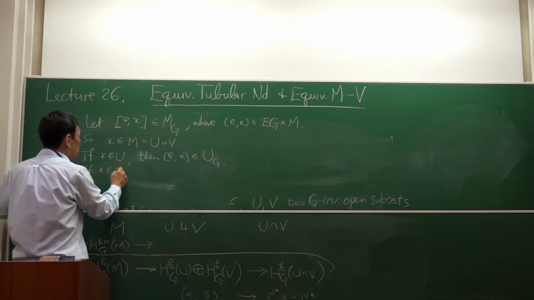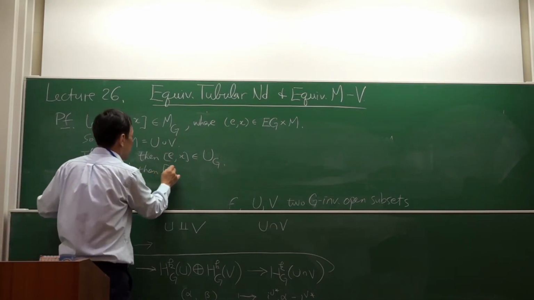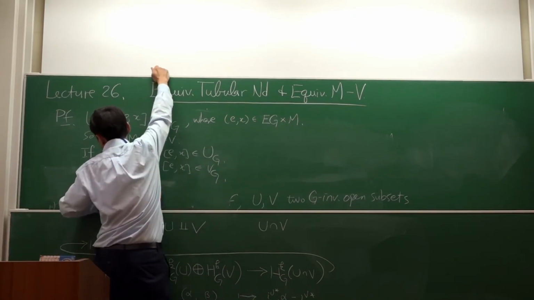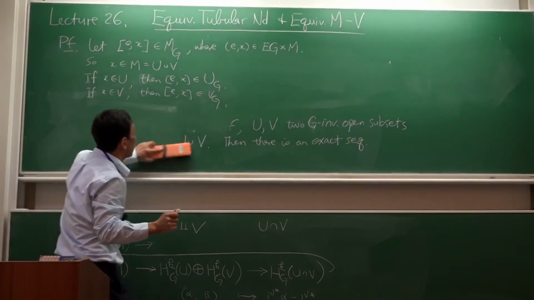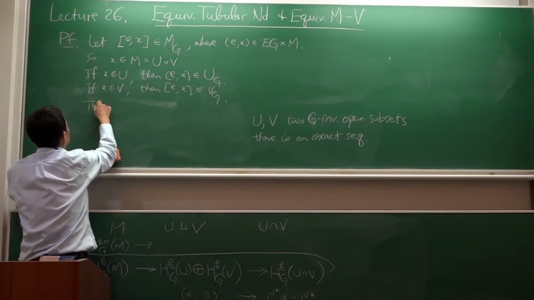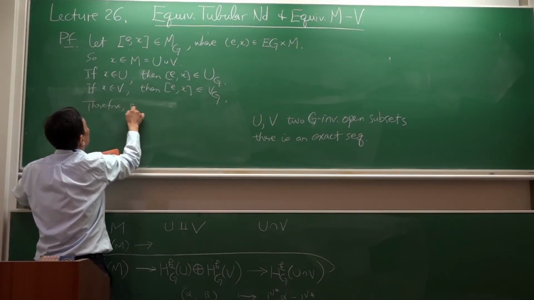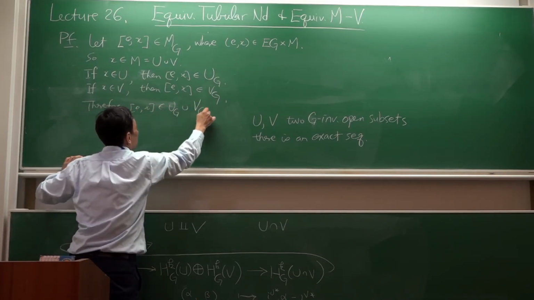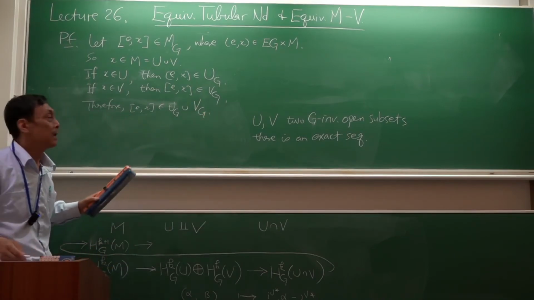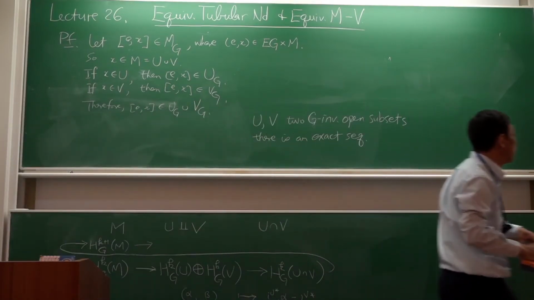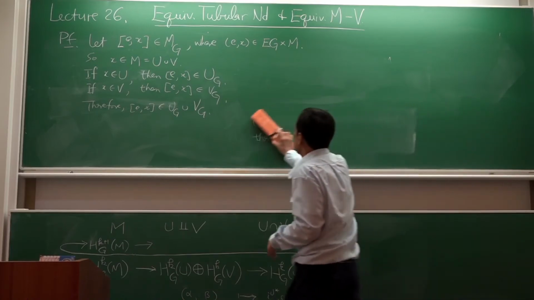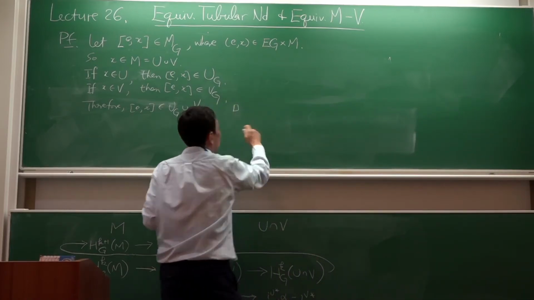If x is in V, then [e,x] is in V_G. And so therefore, [e,x] is in U_G union V_G. And yeah, that proves that M_G is equal to the union.